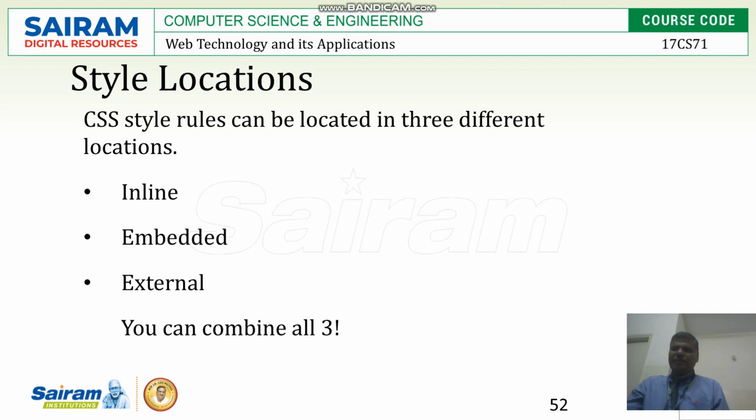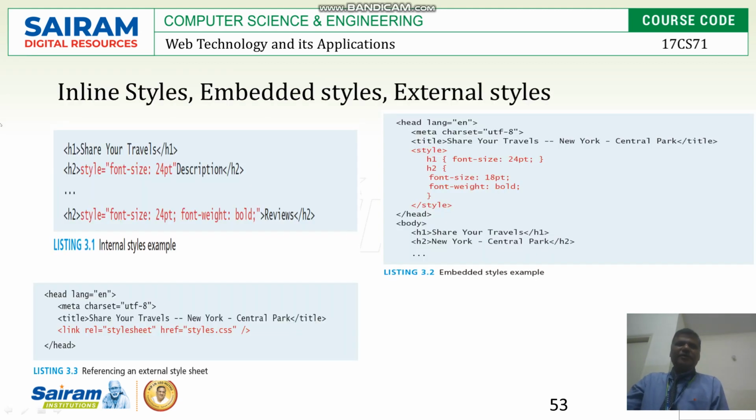How is it going to be written? Let's see. Here is an internal style sheet. H1 is there. H2 starts here. Style font size 24. Here H2 is not 24, understand first, but you are going to specify by style font-size equals 24 point.